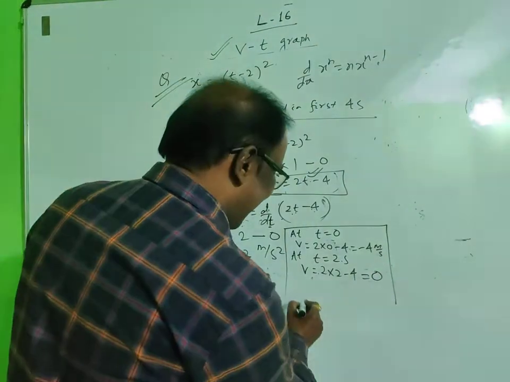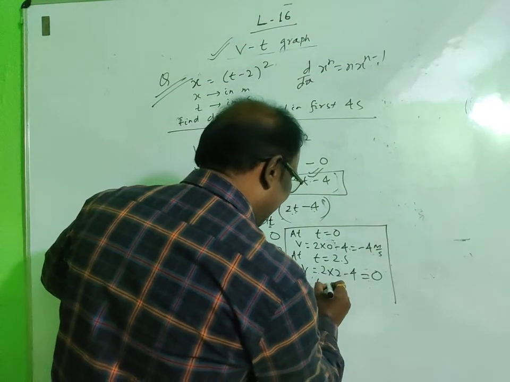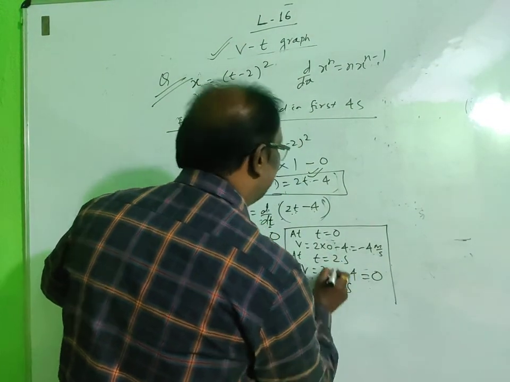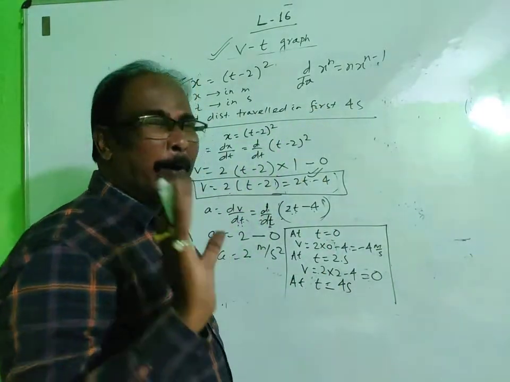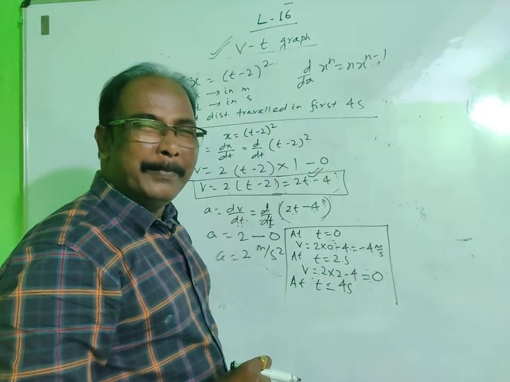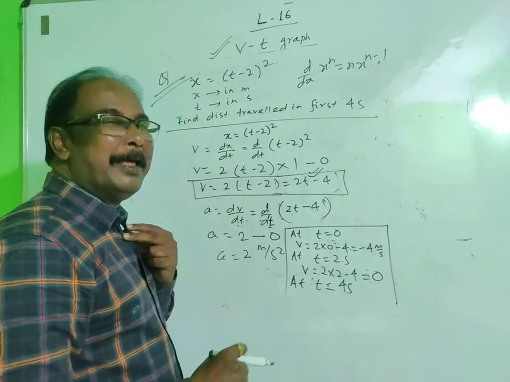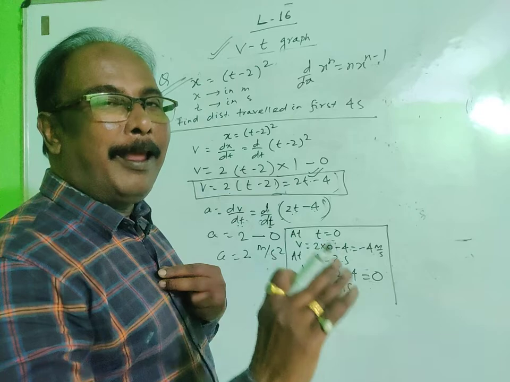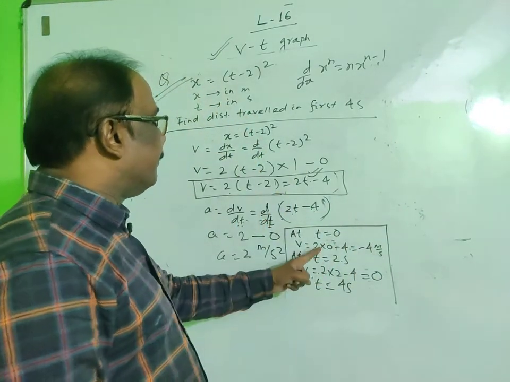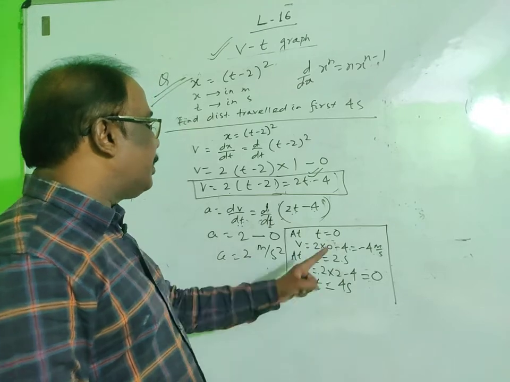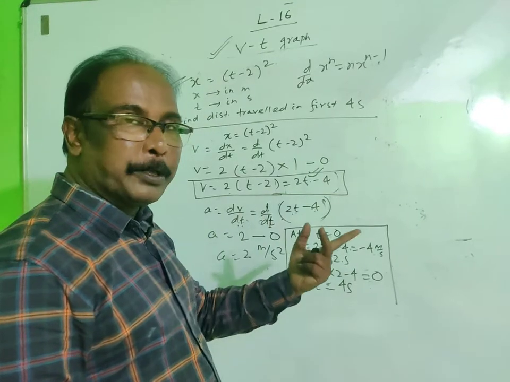Then, at t is equal to 4 seconds. See, we have to find distance traveled in 4 seconds. How can we calculate distance? Distance is calculated by calculating area under the Vt graph, so we are finding velocity in different intervals of time: t 0 to t 2 second, t 4 second.